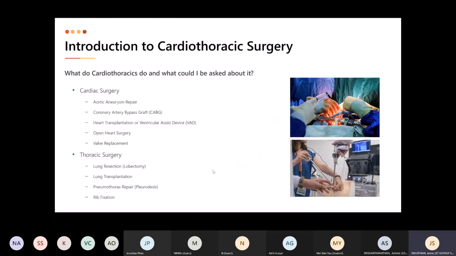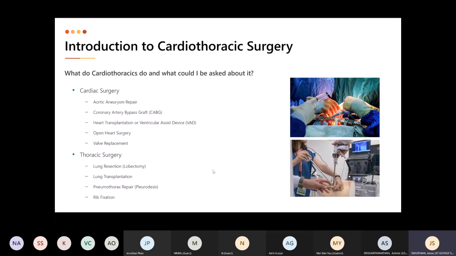Okay, so what do cardiothoracics do and what can you be asked about? Start session. Cool. So cardiac surgery and thoracic surgery, that's what cardiothoracics do. In cardiac surgery, you've got aortic aneurysms, so thoracic and abdominal aortic aneurysms, although vascular surgery will often do the abdominal stuff.